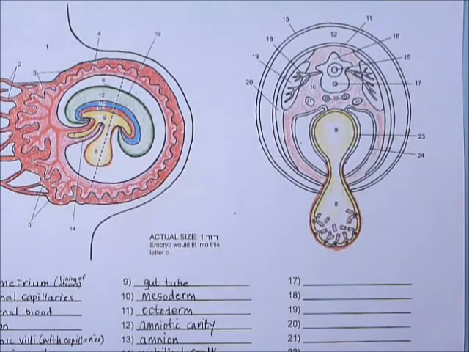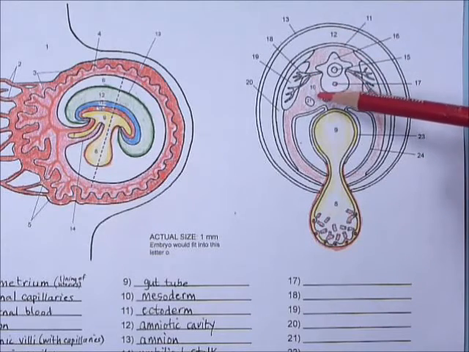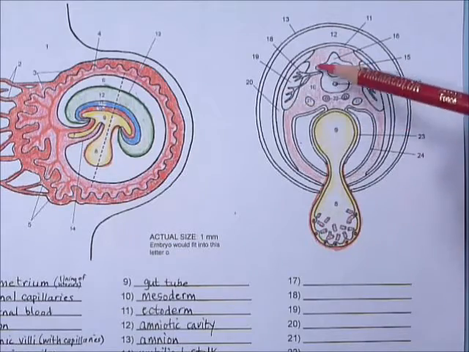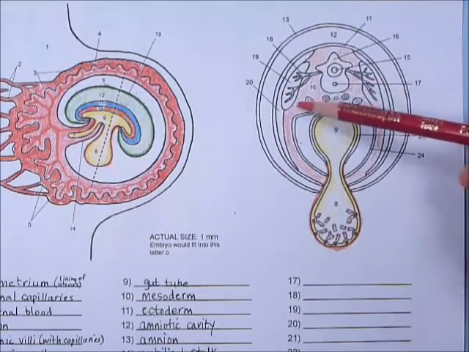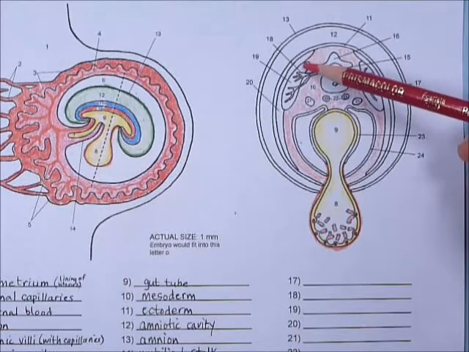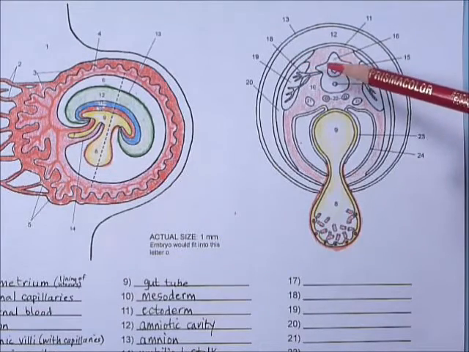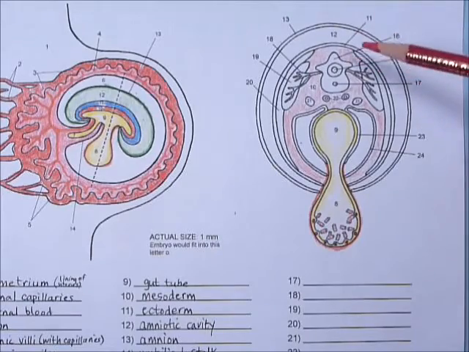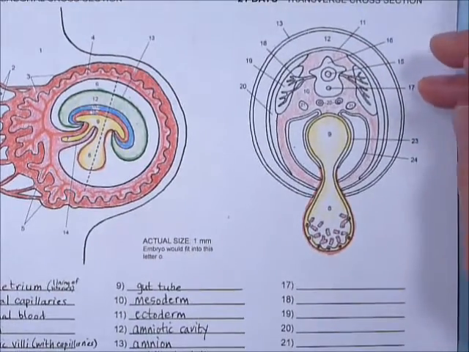And that would be, we see that remember in the last picture we had the somites forming, and the somites are going to turn into dermis and muscle and bone. And so in this picture, where did our somite go?